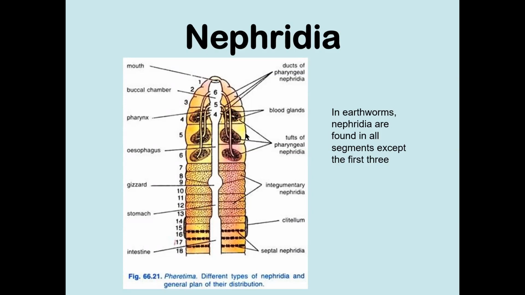And then they move the cleaned waste into their intestines and out the other end. But it's a very early idea of the kidney. And notice that the same word is used, nephridia, as in nephron that we have.